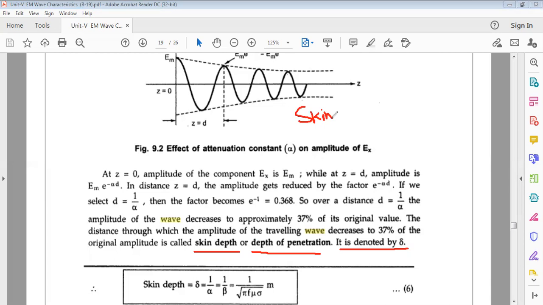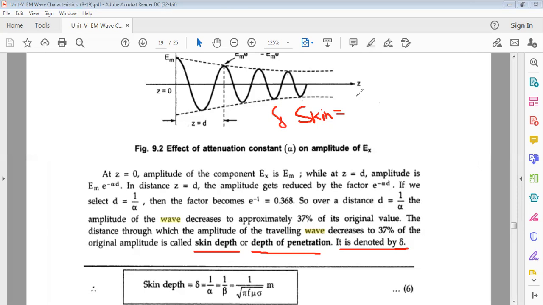After traveling a distance d, which we can consider as 1 by alpha, the amplitude becomes EM times e to the power minus 1, which is 0.368. So it decreases to 37% of the original value in traveling the distance d. If it travels more than the distance d, the amplitude keeps decreasing toward 0. That distance we call the skin depth or depth of penetration.